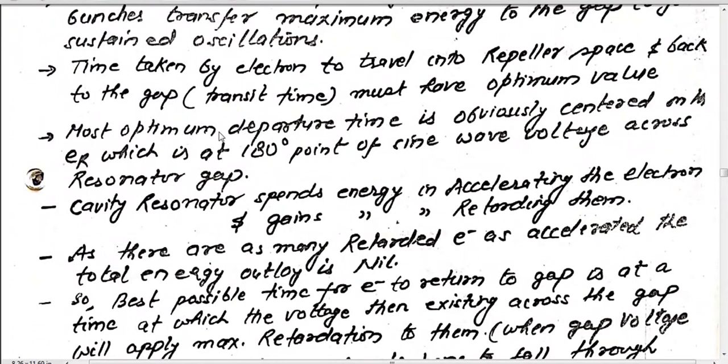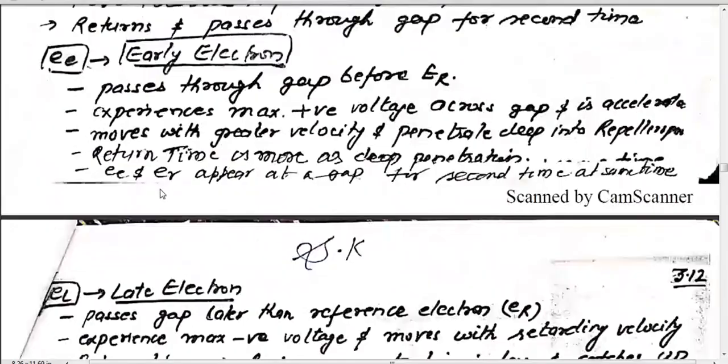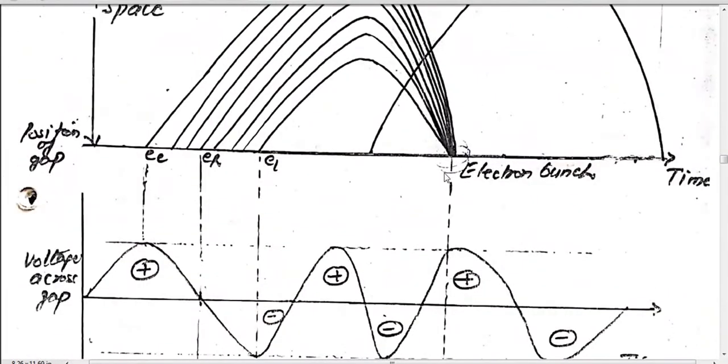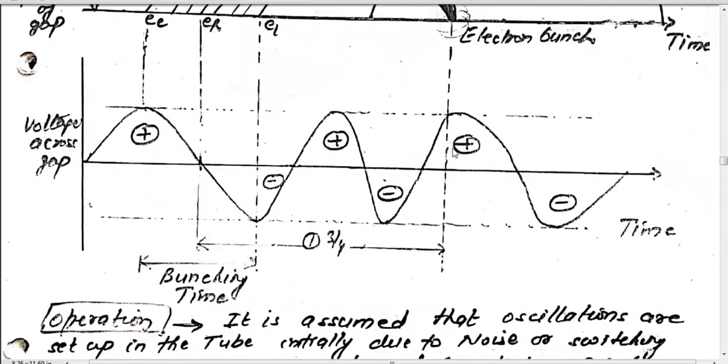Most optimum departure time is obviously centered onto ER, which is at the 180 degree point of the sine wave voltage across the resonator gap. Now here we can see what is the most suitable time so that this bunch can deliver maximum energy to the space, that is at this positive maxima.